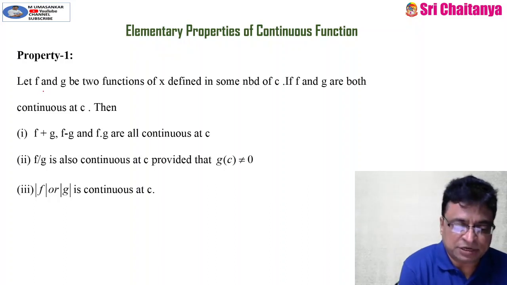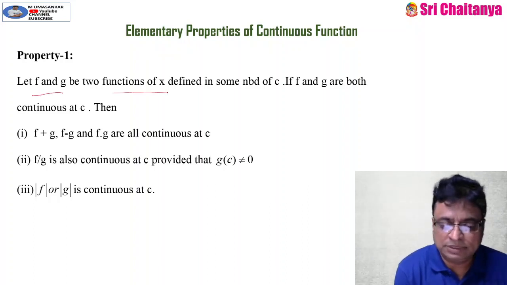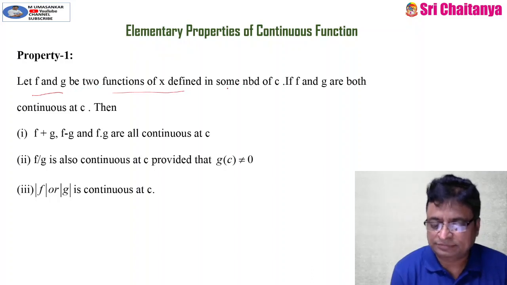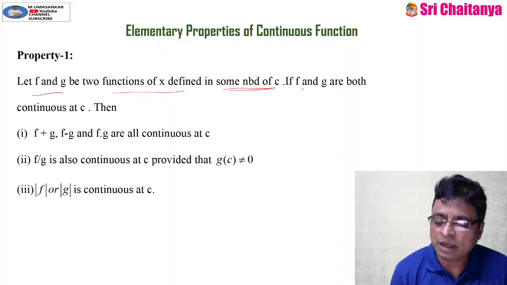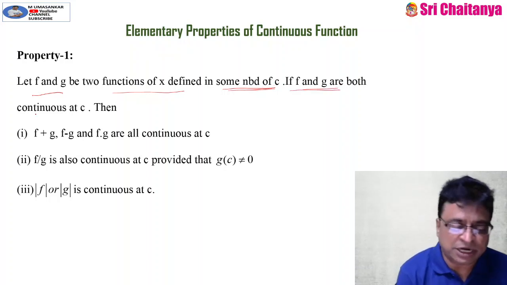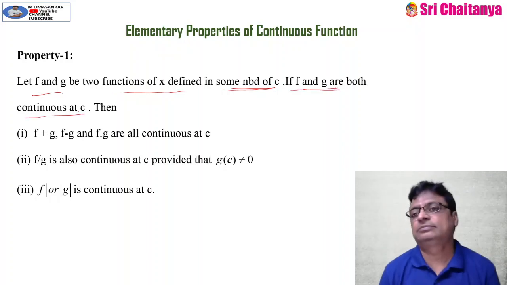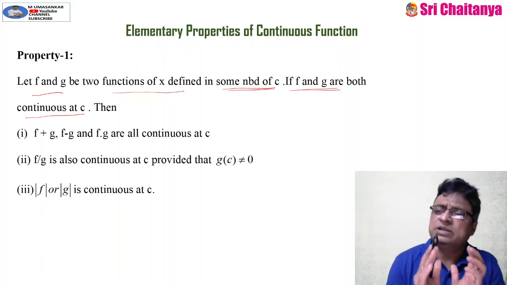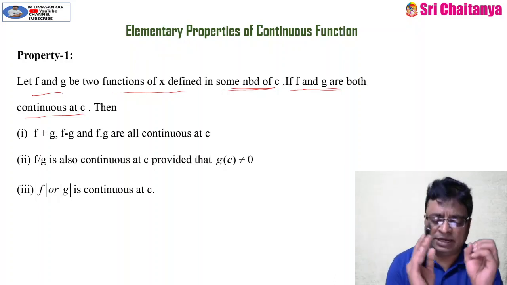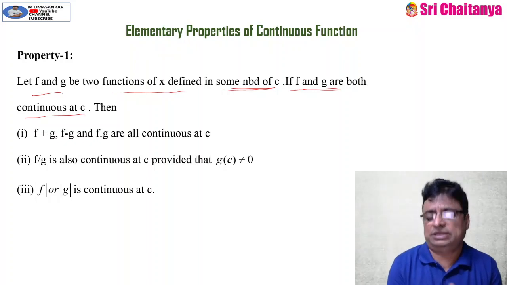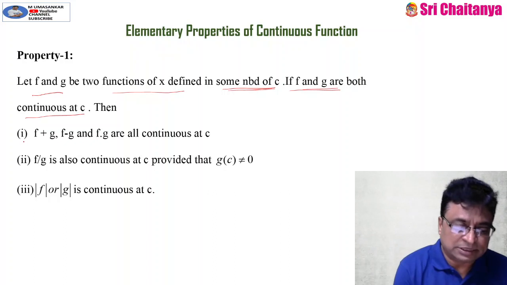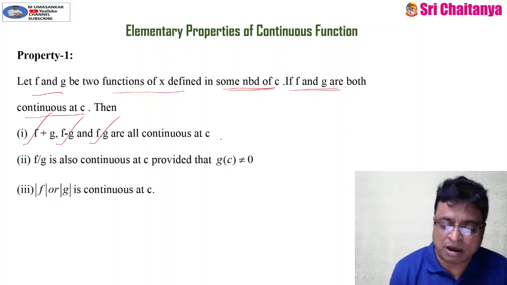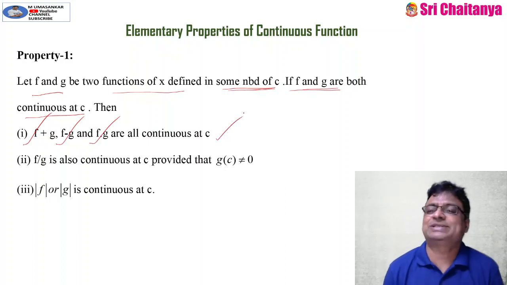If f and g are two functions of x defined in some neighborhood of c, and both f and g are continuous at x equal to c, then the sum, the difference and the product of these two functions are also continuous at x equal to c.